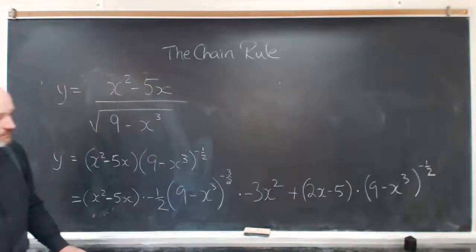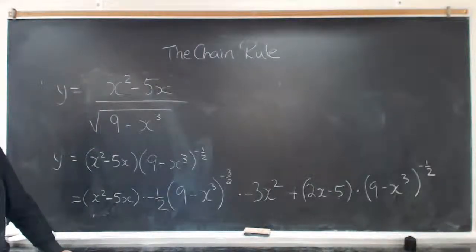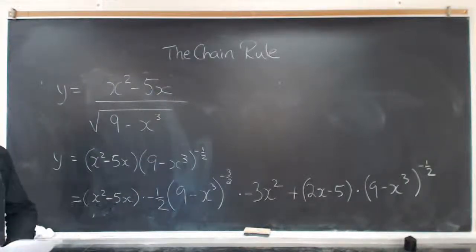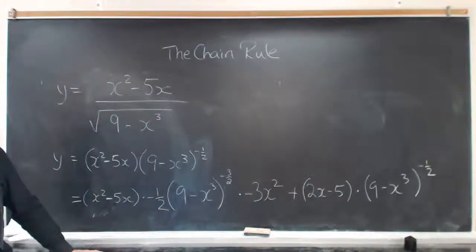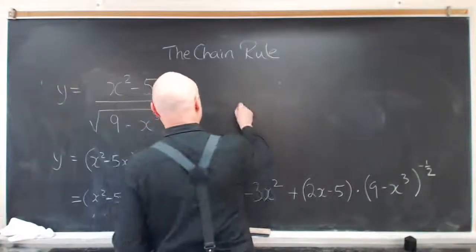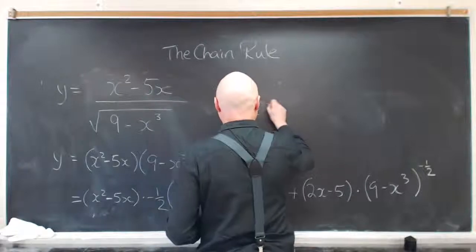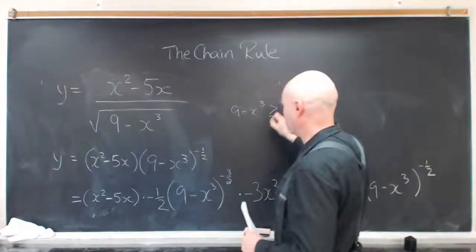So that's about it. The actual question says state the domain and range. So it's one of those things where you can't take the square root of a negative number. So 9 minus x cubed has to be greater than or equal to 1.